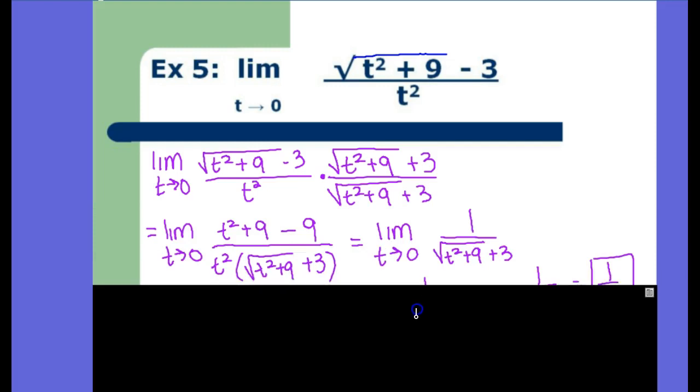And you are left with the limit as t approaches 0 of t squared plus 9. The middle terms are going to cancel because it's a difference of squares worked backwards. And then you multiply the last two numbers together. So negative 3 times 3 is negative 9. And with 1 over 6 as the limit, you could plug in 0.